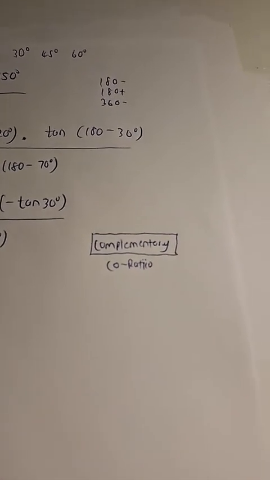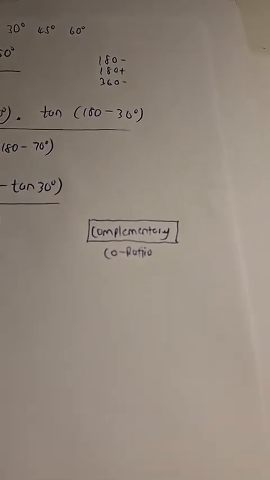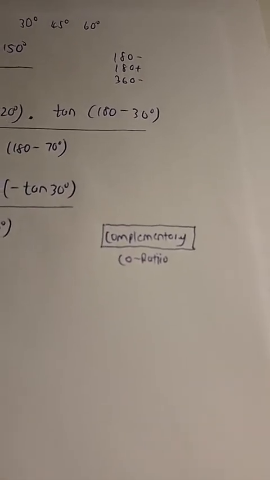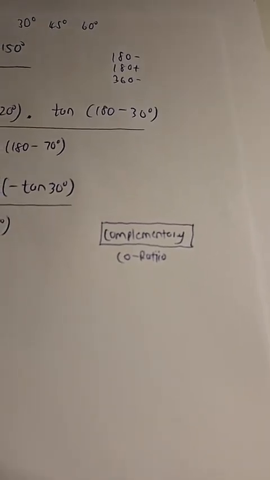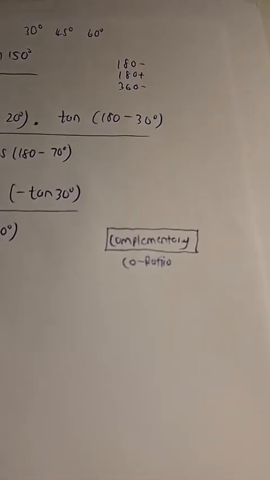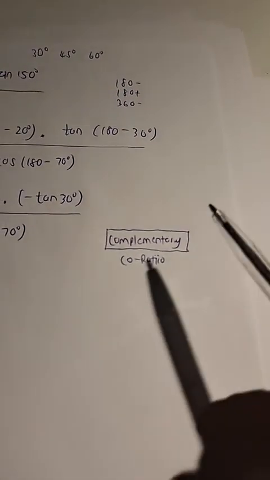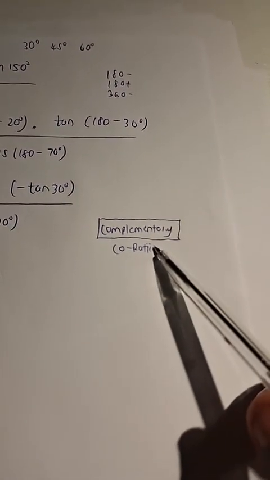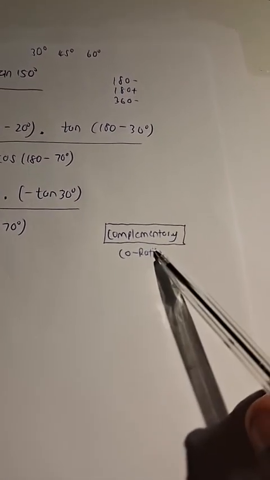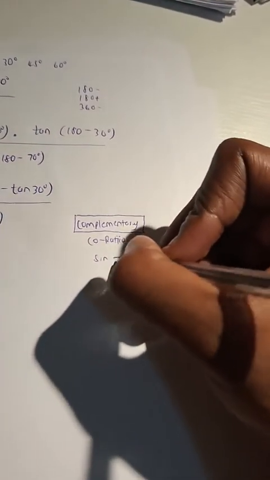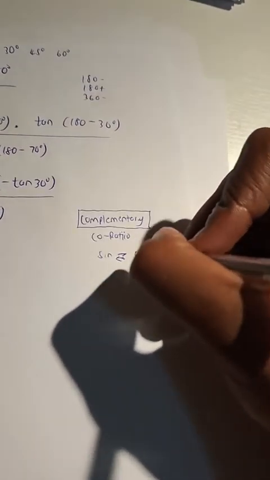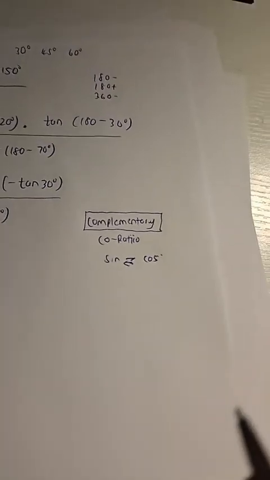My geometry people, in fact, you all should be geometry people. The word complementary means what? Exactly, sum of 90 degrees. Two angles add up to 90 degrees. Exactly. Co-ratio. If you remember this co-ratio thing, it's when sine changes to cos, cos changes to sine.